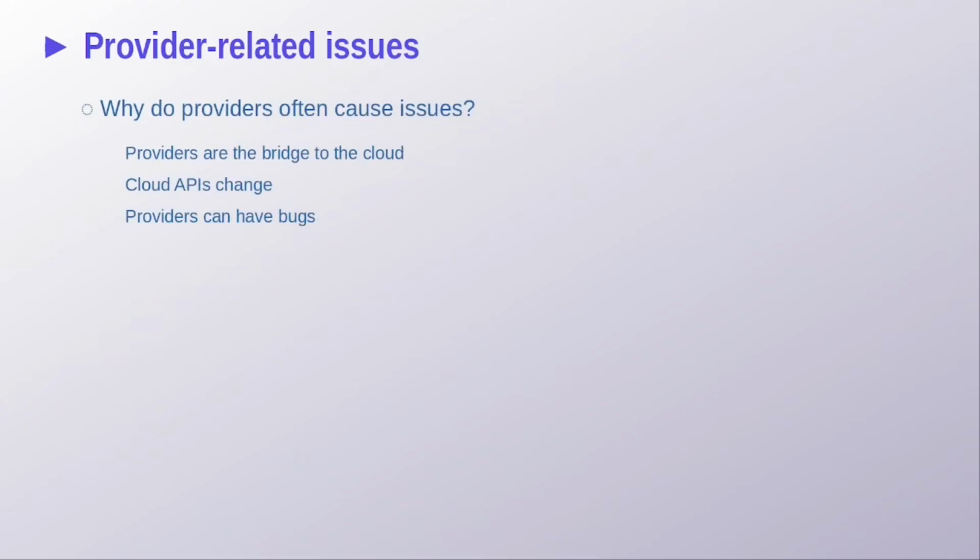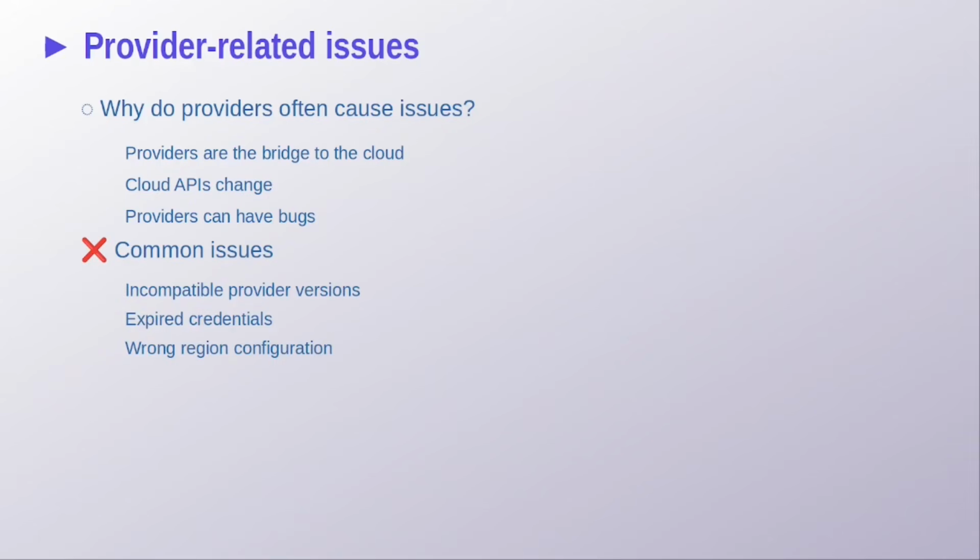Provider-related issues. Why do providers cause many problems? A provider is the bridge between Terraform and the cloud. When the cloud API changes, the provider changes first. Common provider issues: wrong provider version, missing AWS credentials, wrong region, missing IAM permissions.